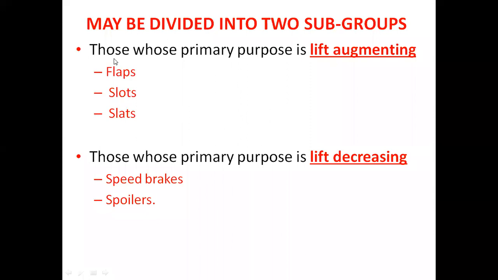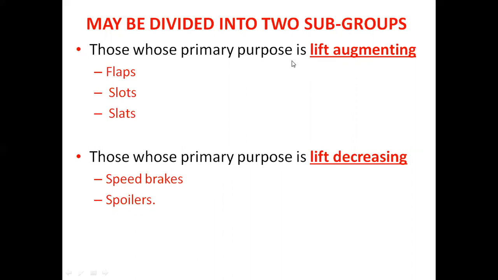Now, again, the secondary group flight control surfaces may be divided into two subgroups. The first one is said to be lift augmentation devices. Better we can say they are also called high lifting devices. Their primary purpose is to provide lift.